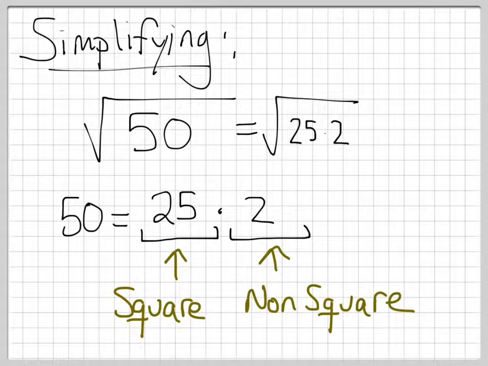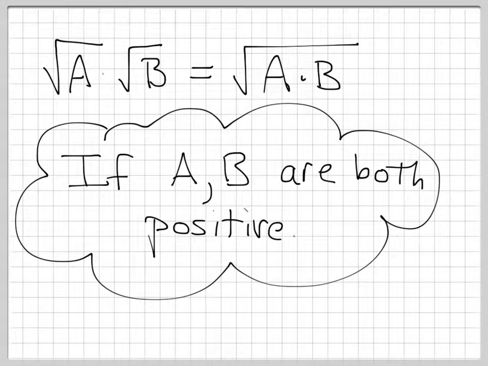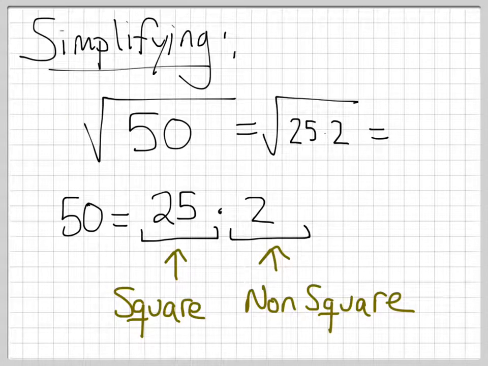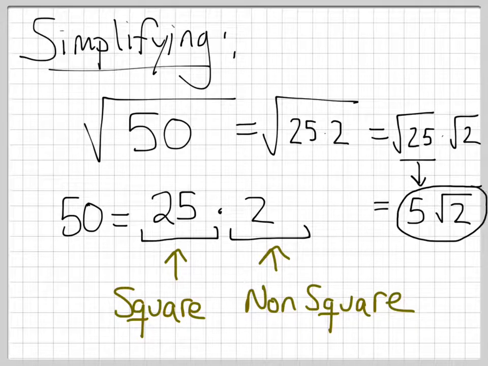And then our rule from before said, as long as both are positive, the right side and the left side here are totally equal. And so we can transform radical 25 times 2 to radical 25 times radical 2, and this is just 5 radical 2. And radical 2 doesn't break down any further. And so this is a simplified version of radical 50.